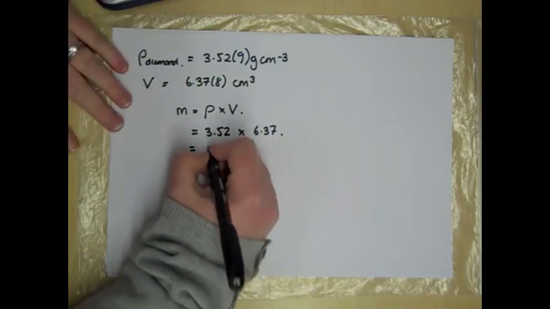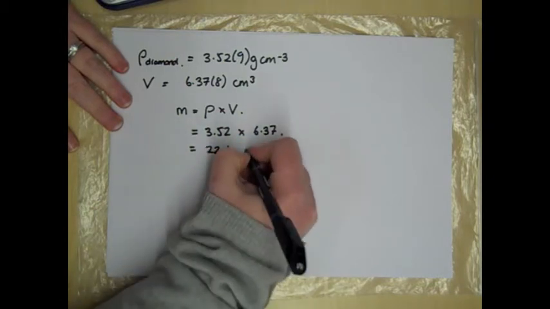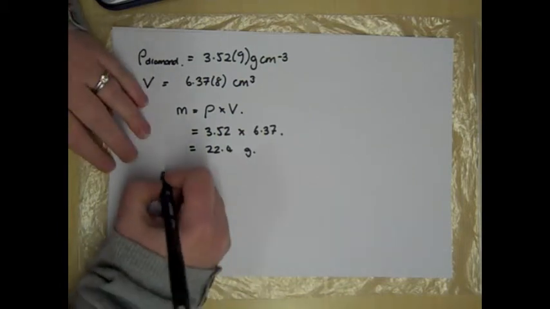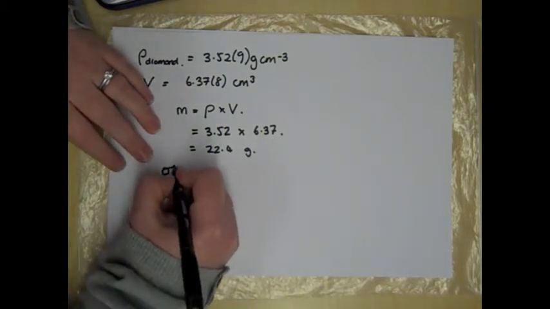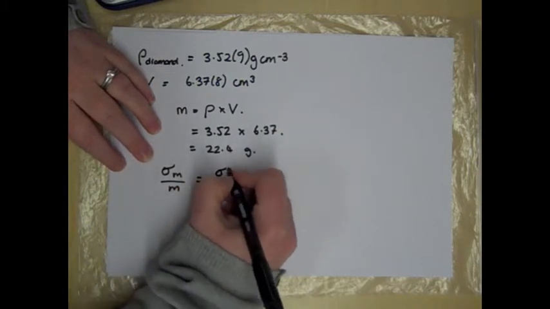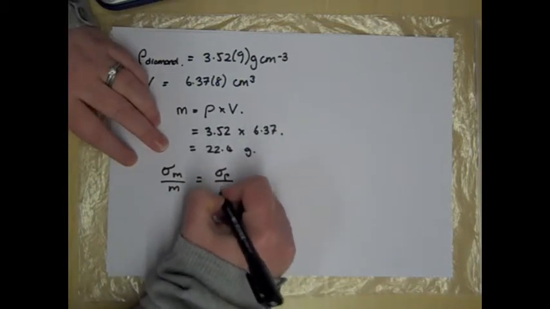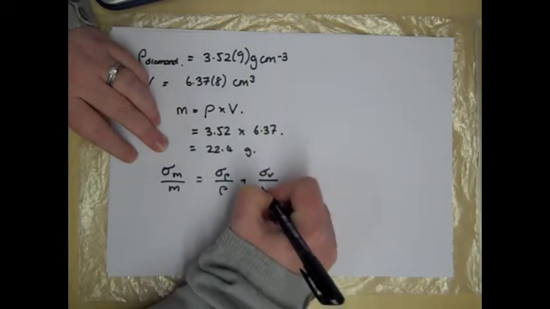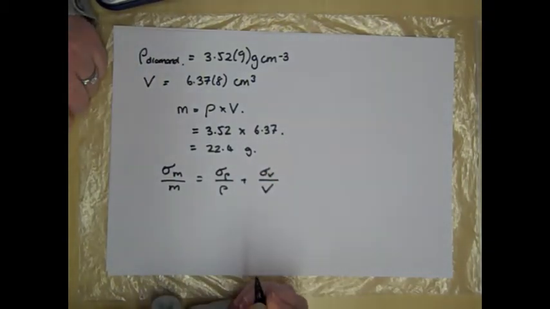Which I think is 22.4 grams. Now again, my uncertainty of my mass divided by my mass is equal to the uncertainty of my density divided by my density plus the uncertainty of my volume divided by my volume.